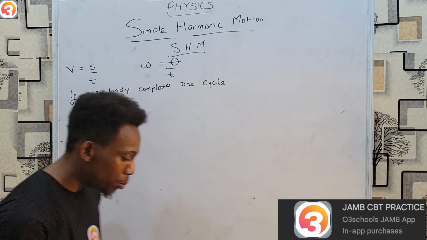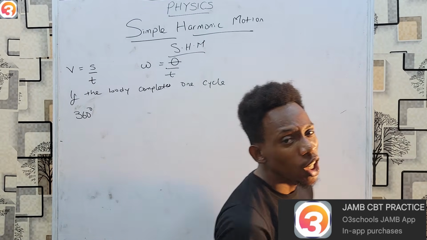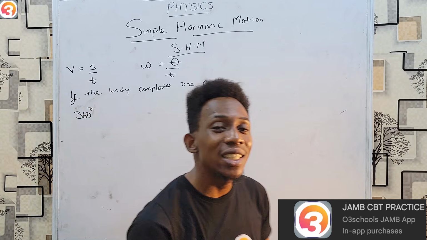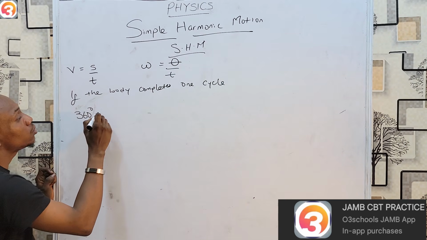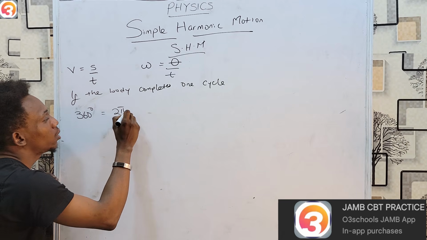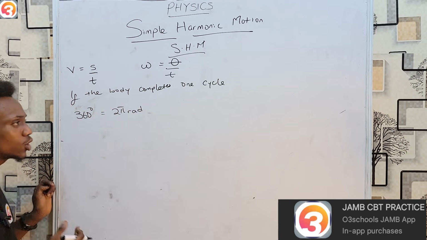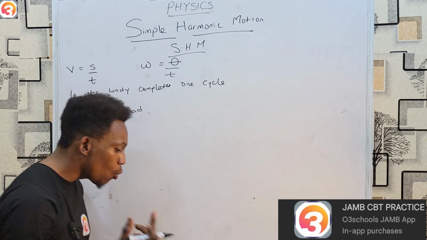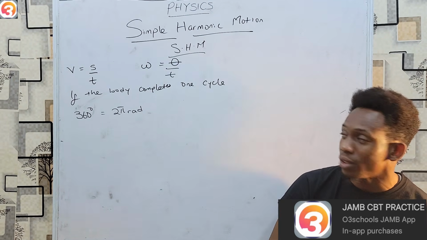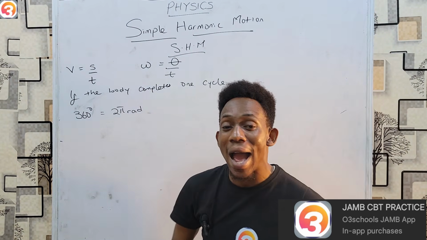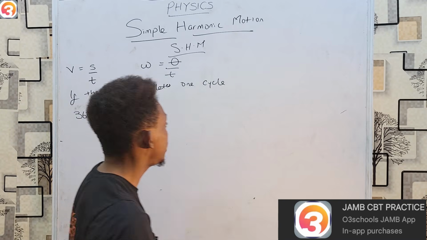But in this topic, we prefer to use the SI unit of angle, which is not degrees but radian, properly called rad. So we should know that 360 degrees equals 2 pi radians. So one cycle is the same as saying one revolution, 360 degrees, or 2 pi rad.